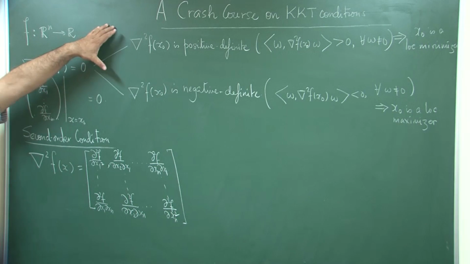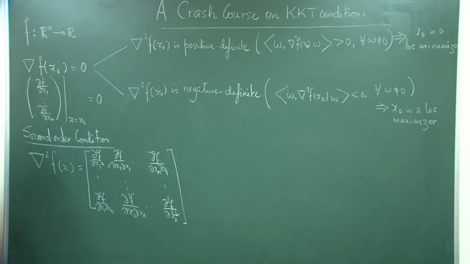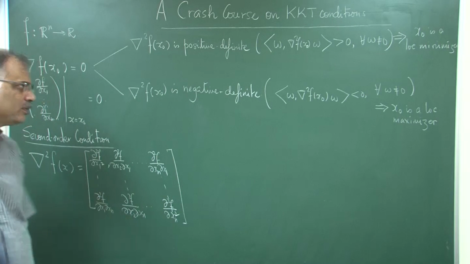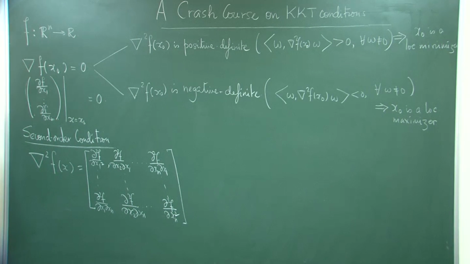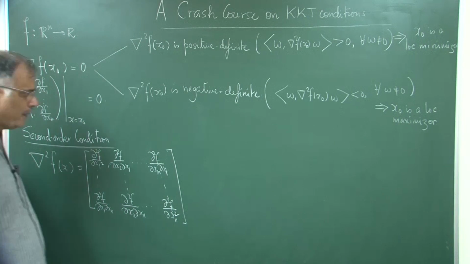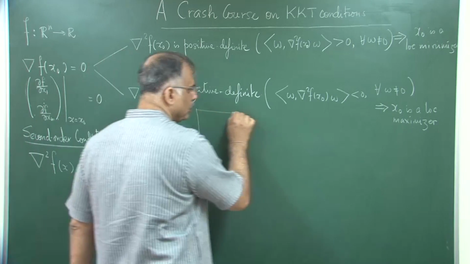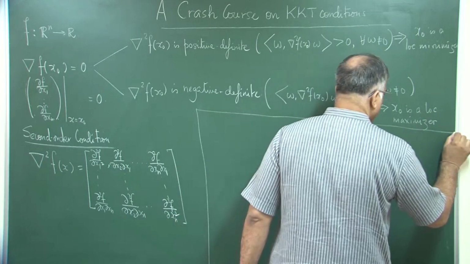Once I know these two, we have a complete picture of how to handle unconstrained problems. Of course, it is not always easy to find out this, but we still have a complete picture to handle unconstrained problems. Now, to begin the KKT story, we should go back to something more.